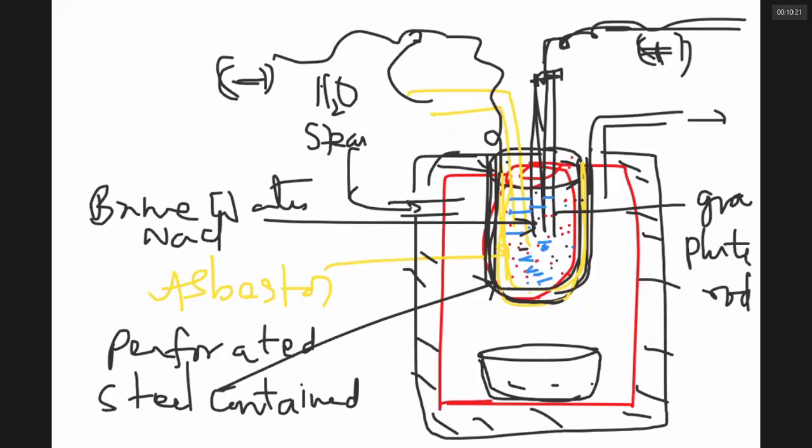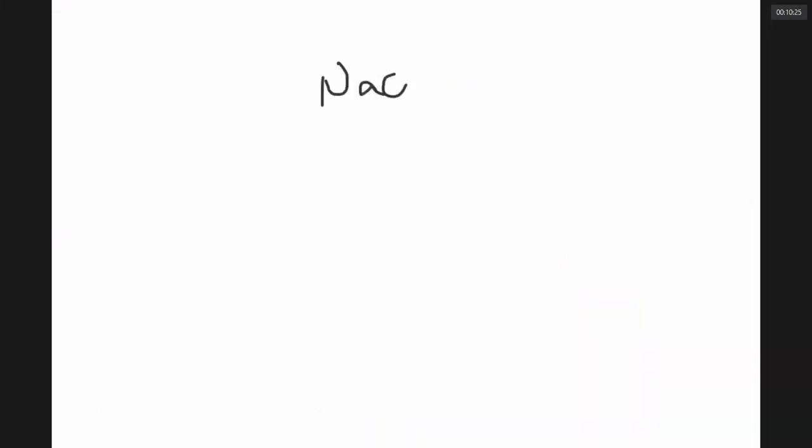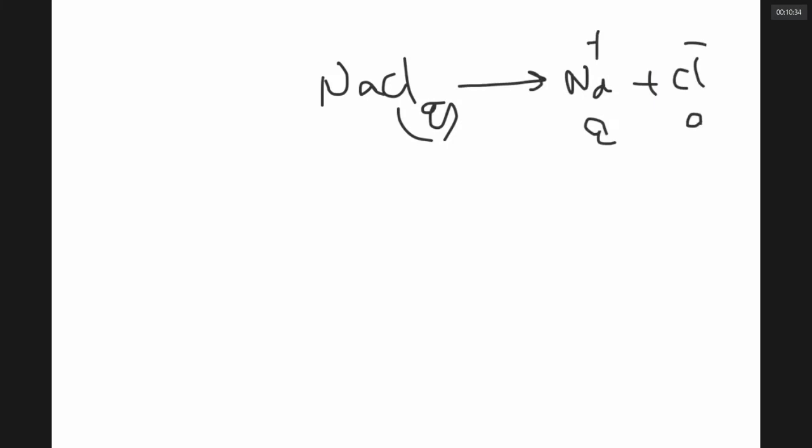Inside there is salt water. When you pass current, the salt in aqueous solution will break down to give Na+ aqueous and Cl- aqueous. Now the Cl- will go to the anode. Why should it go to the anode?